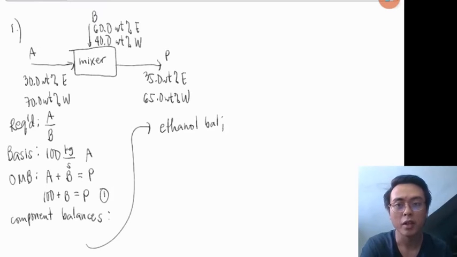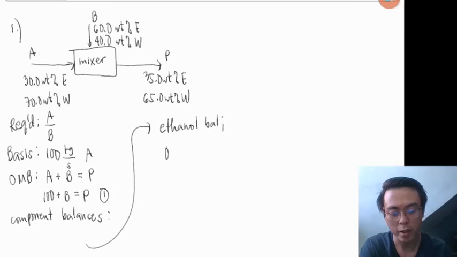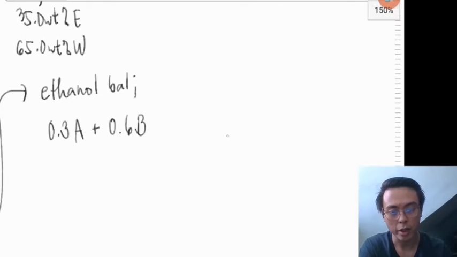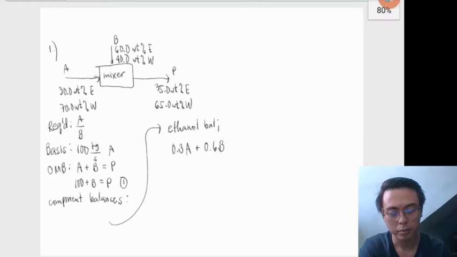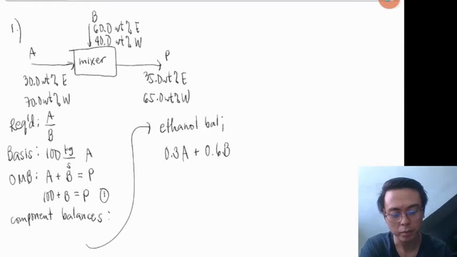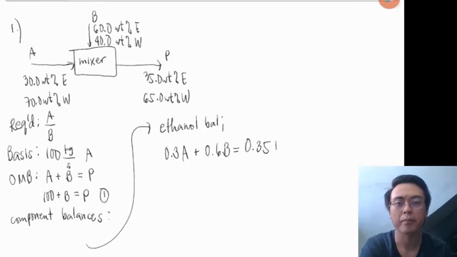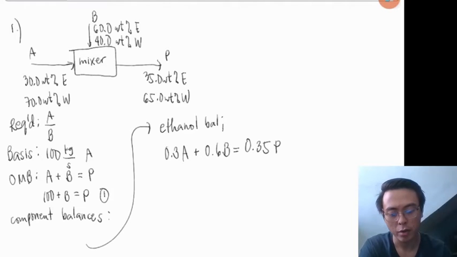what should we have? In stream A, we have 30 weight percent of ethanol. That would be mathematically represented as 0.3 times A, plus in stream B 0.6 B, and in the product you have 0.35 P. That is our ethanol balance. But we have a value of A. Let's substitute.